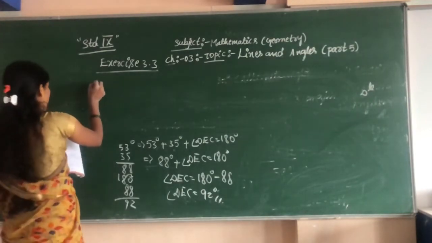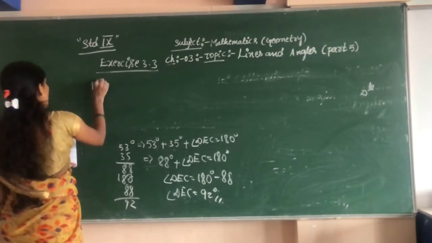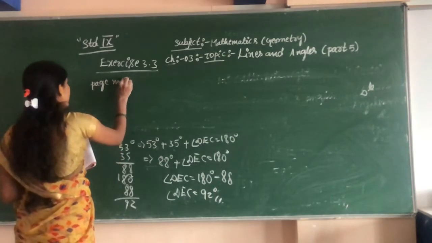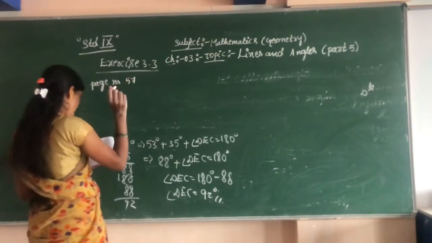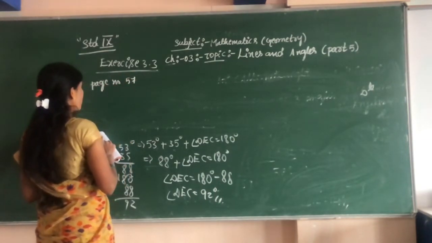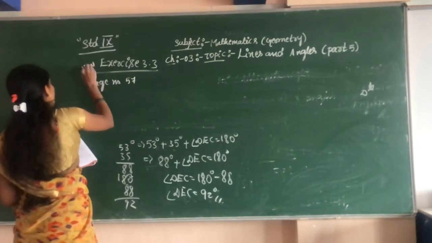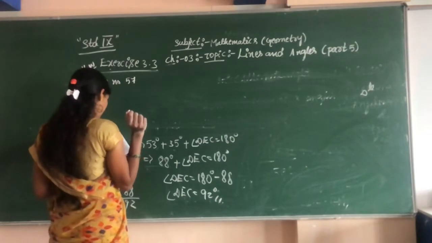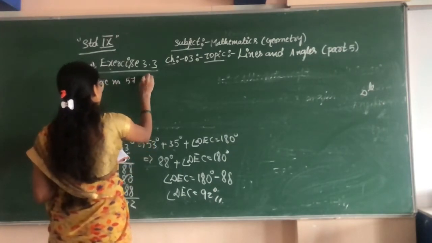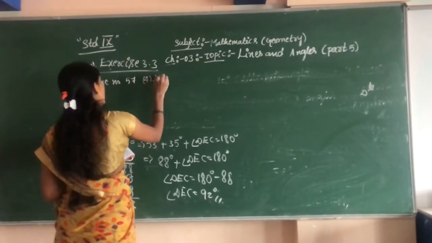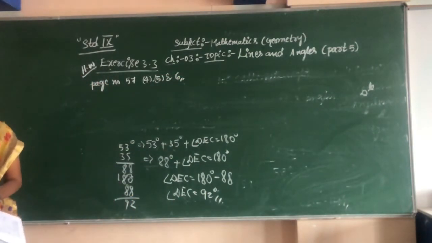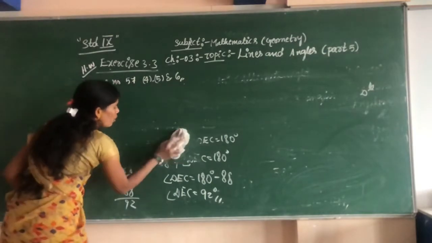Exercise 3.1, page number 57. Exercise 3.3, page number 57, fourth one, fifth one and sixth one. Do the homework, okay children.